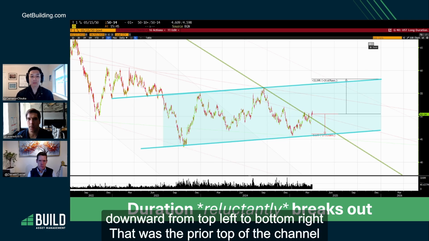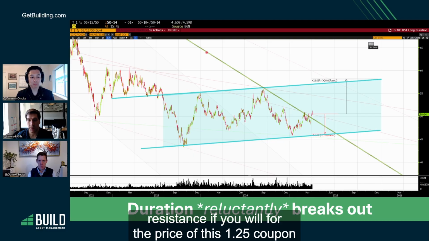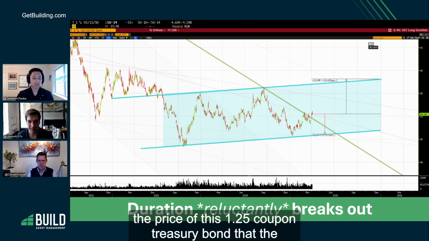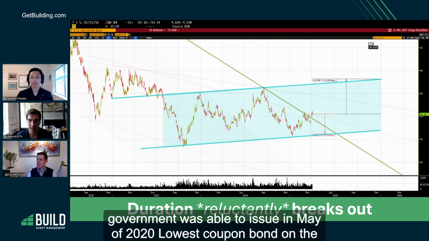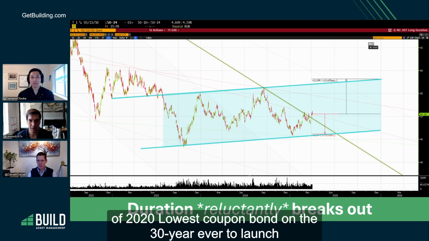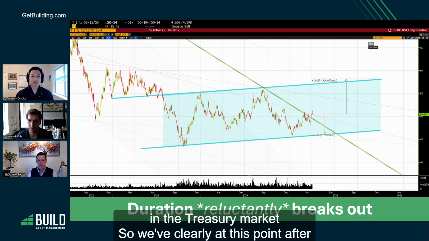That was the prior top of the channel resistance, if you will, for the price of this 1.25 coupon Treasury bond that the government was able to issue in May of 2020. Lowest coupon bond on the 30-year ever to launch in the Treasury market.